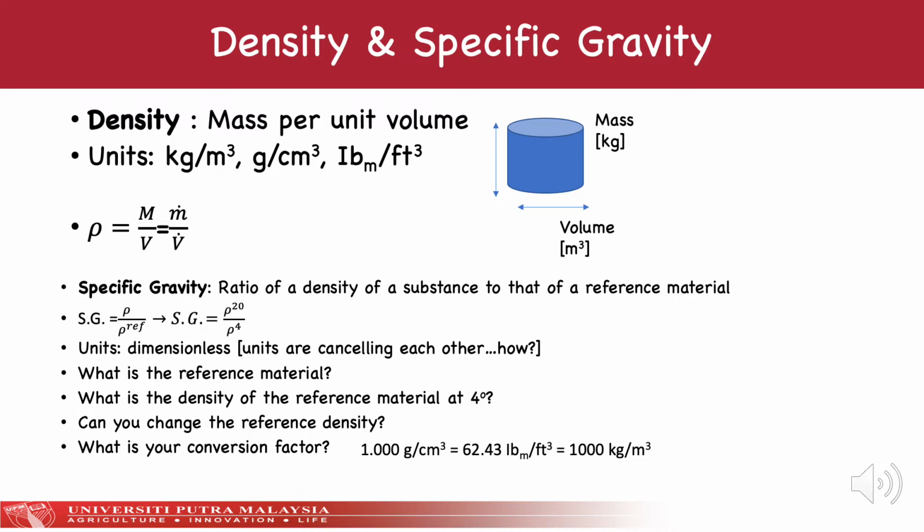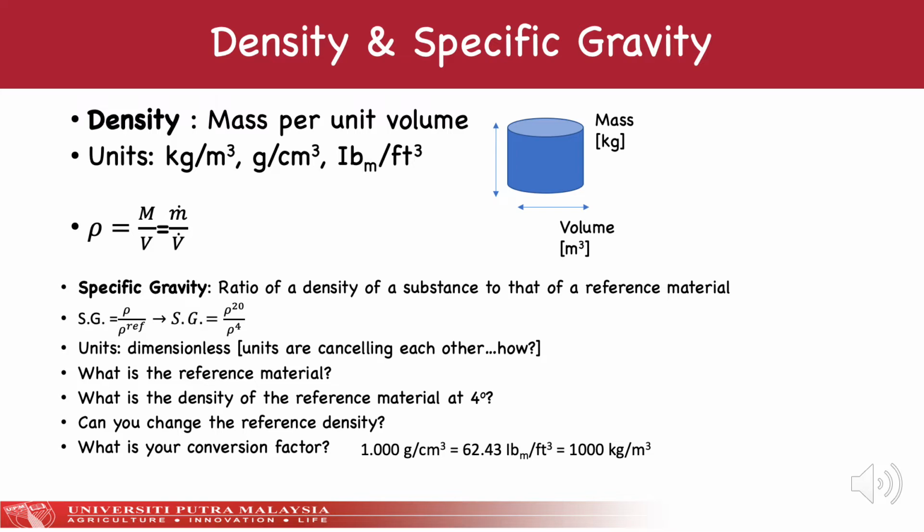The most common reference material used to evaluate the specific gravity of a material is water at 4 degrees Celsius. So can we change the reference density? Think about that.